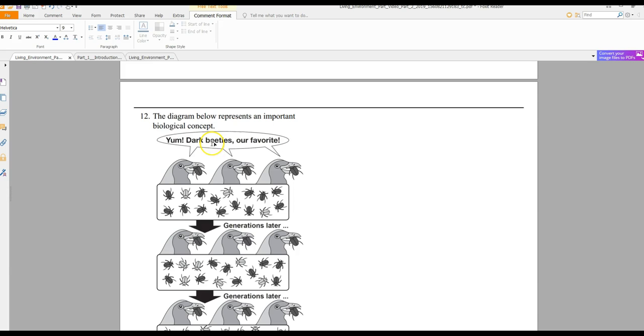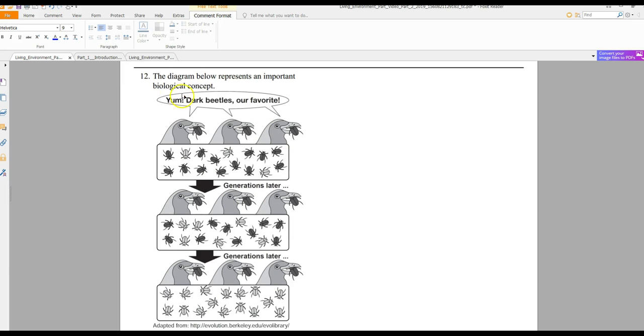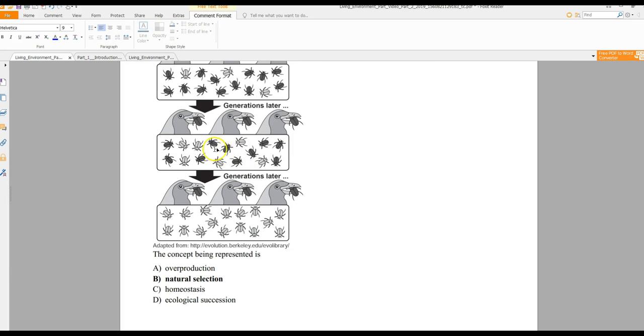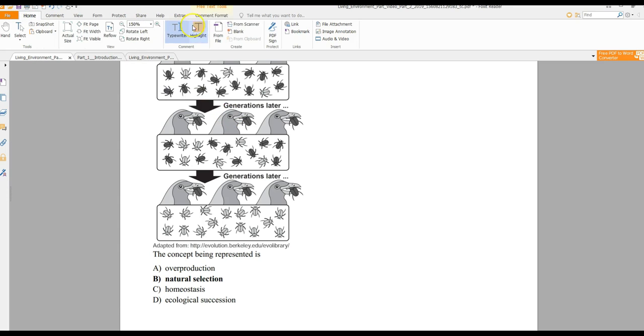The diagram below represents an important biological concept. Yum yum, dark beetles are my favorite, are our favorite. They can see the dark beetles. Notice how in the next generation you have fewer dark beetles and more of the light beetles. Remember, they only see the dark ones. Can I highlight this bird's eye? I cannot.